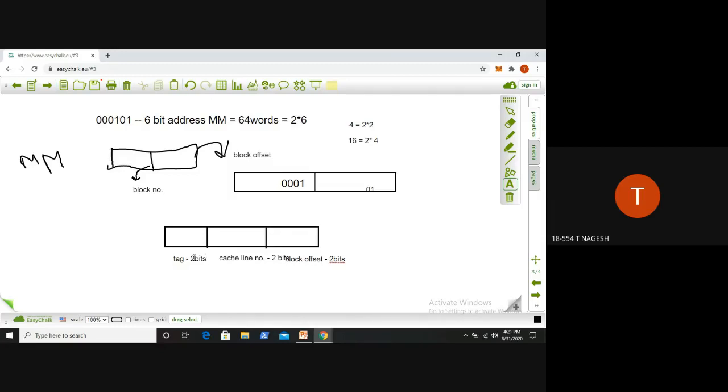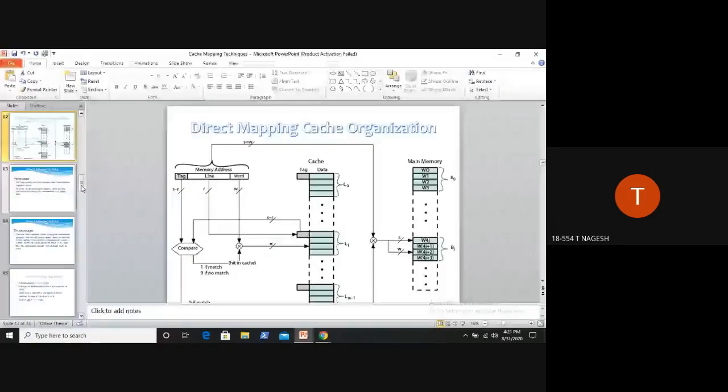This is represented in the form of a formula in the presentation that you have looked at previously.